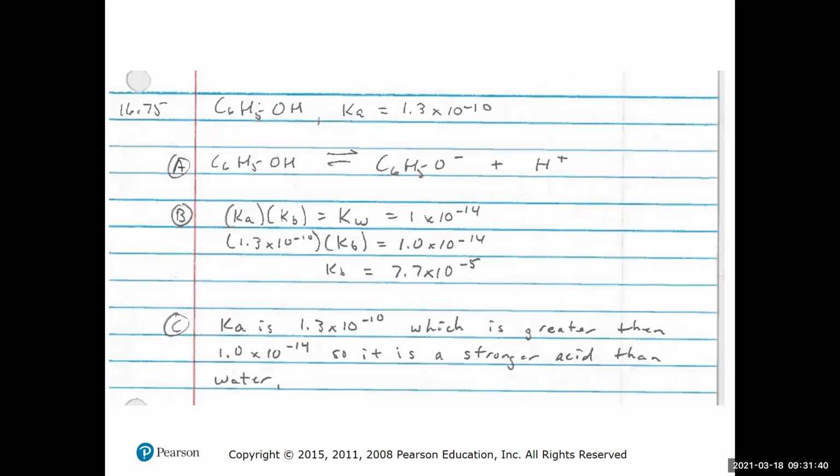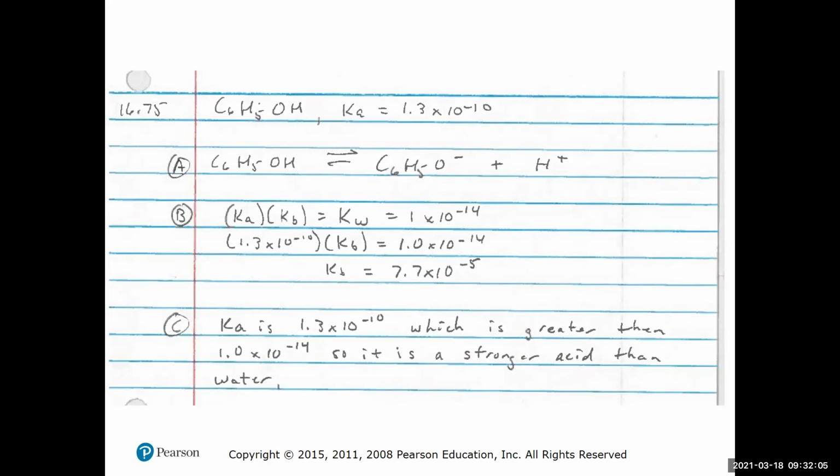16.7.5. Here we're told that phenol has a Ka value of 1.3 times 10 to the minus 10, and we're going to write out the acid dissociation reaction and then calculate the Kb for the conjugate base and then decide how strong of an acid it is.